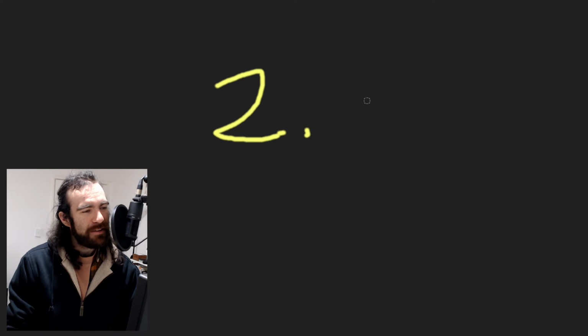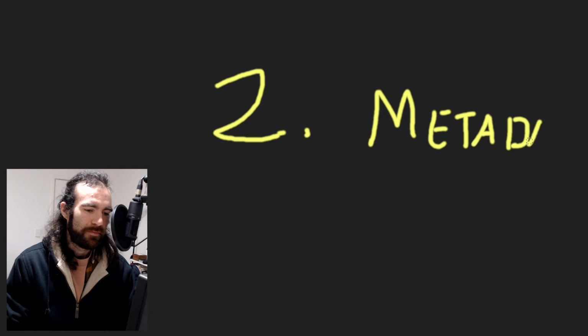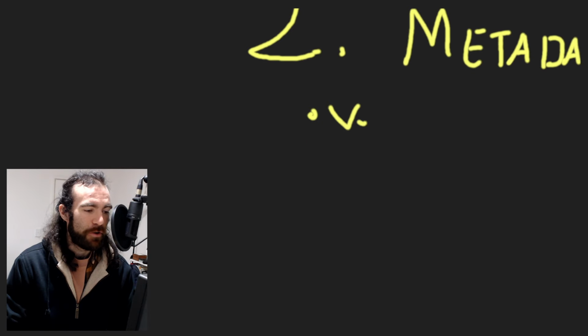And then let's call this metadata. Is it metadata? I guess in a sense it is. Yeah, let's call it metadata. We're going to have some data about the data that we've loaded. So we're going to want some kind of versioning. Versioning is going to be important.